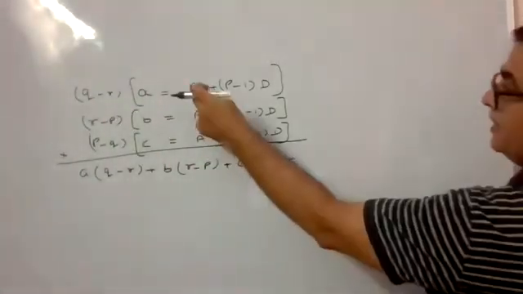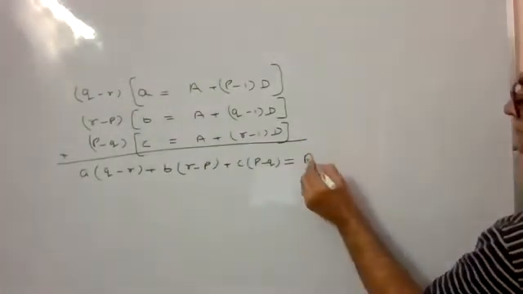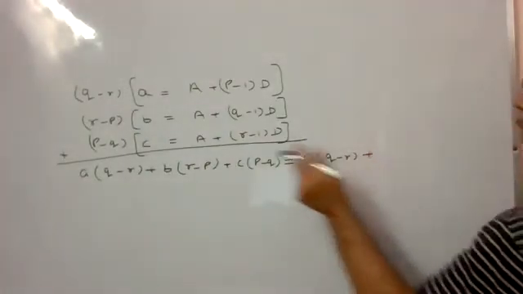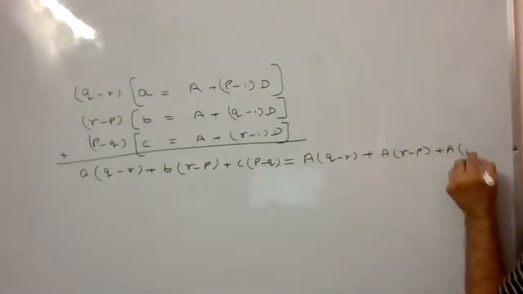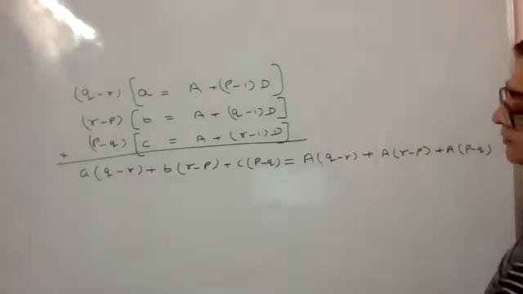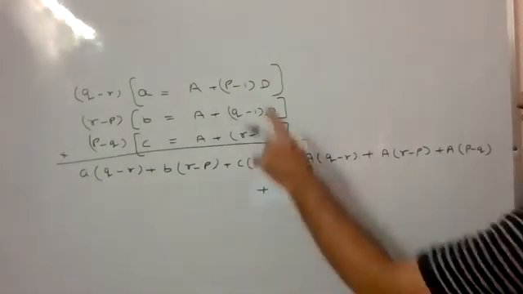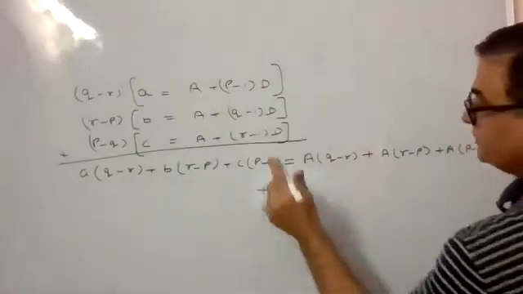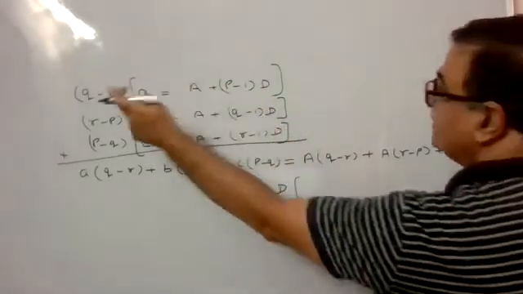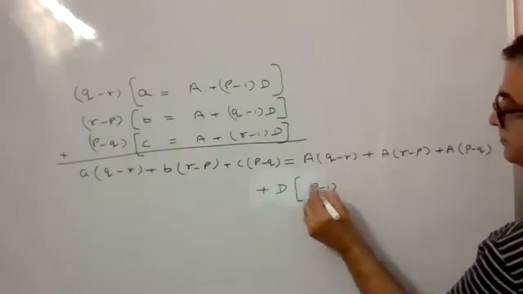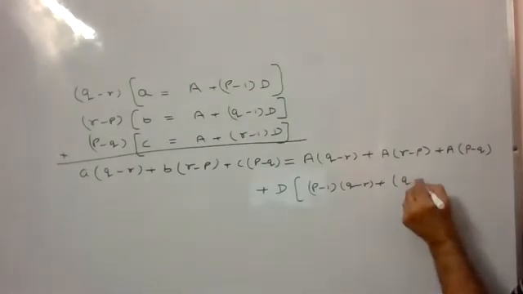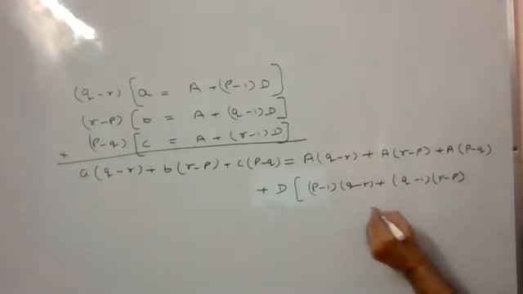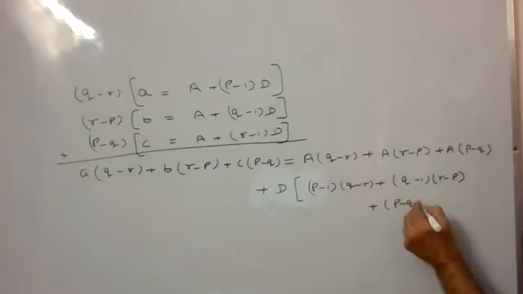What will this come to? a times (q minus r) plus a times (r minus p) plus a times (p minus q), plus d times, d is common in all, what will remain? (p minus 1) into (q minus r) plus (q minus 1) into (r minus p) plus (p minus q) into (r minus 1).